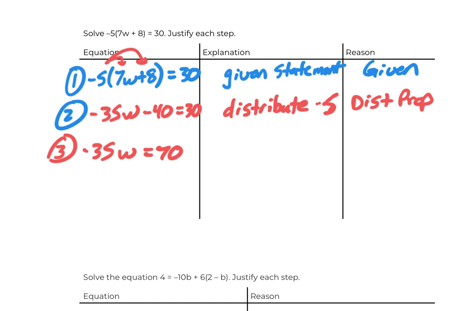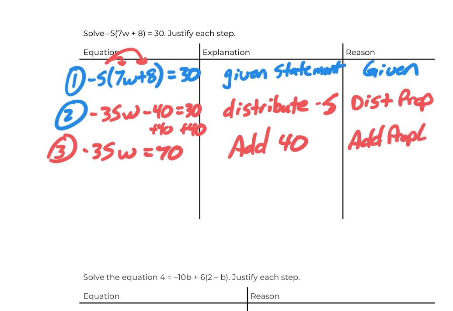That's why I like to write this in here, because then I think we have a better idea of what's going on. Most of you probably can do that without writing the plus 40 in there. But that's really my explanation right here, adding 40. And so that would be the addition property of equality.